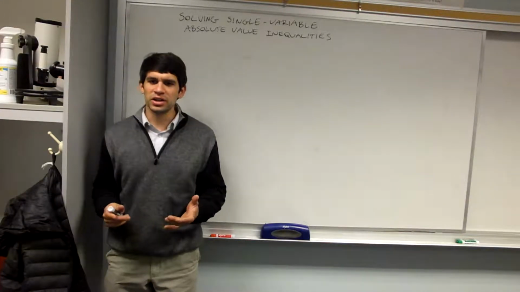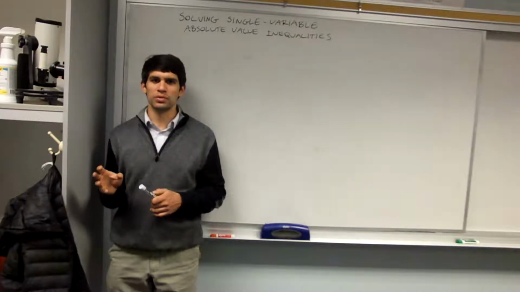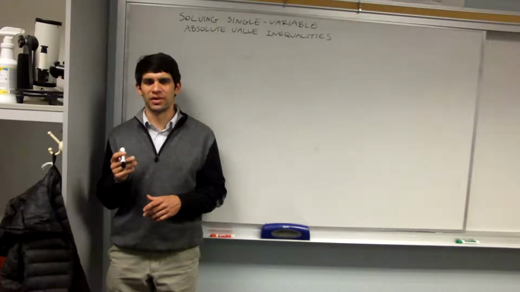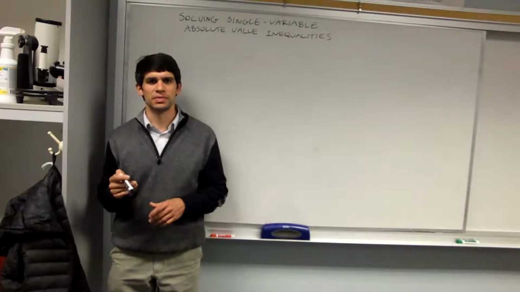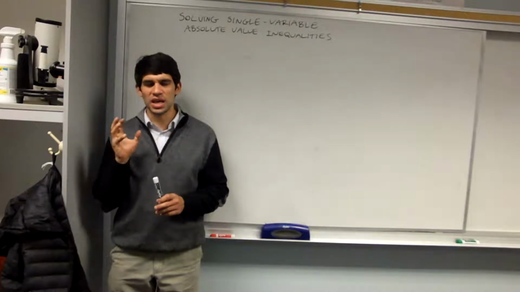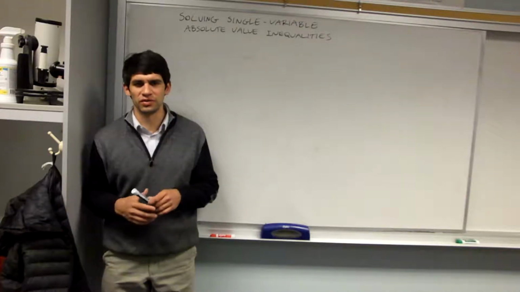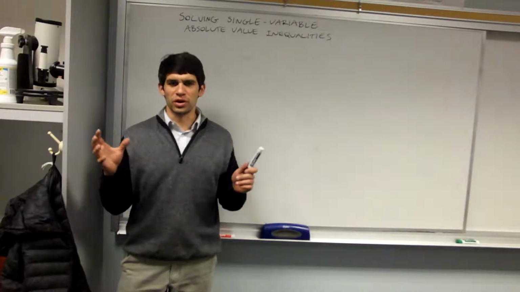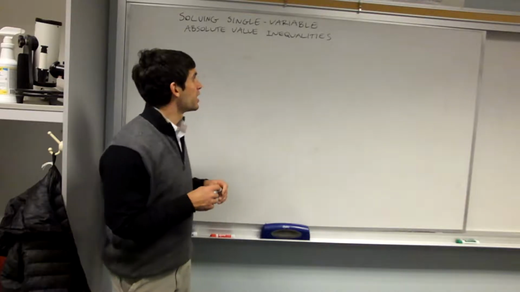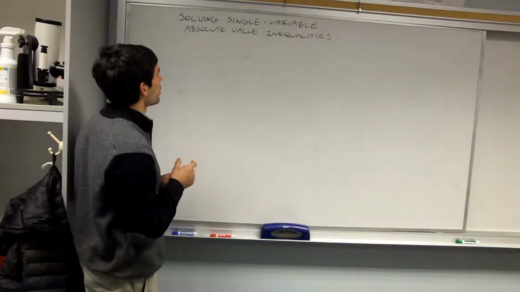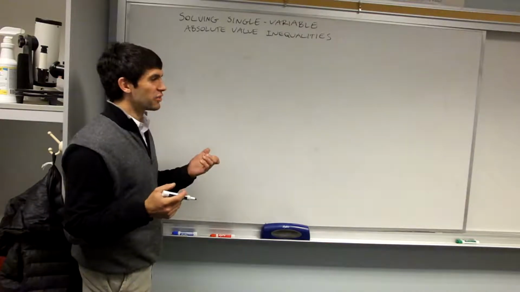How we're going to do this is we're going to take what we just learned about solving single variable absolute value equations, and then we're going to take what we already know about solving inequalities, which we've been doing for several weeks now, and we're going to combine them. And that will enlighten us on how to solve inequalities that involve absolute value terms.